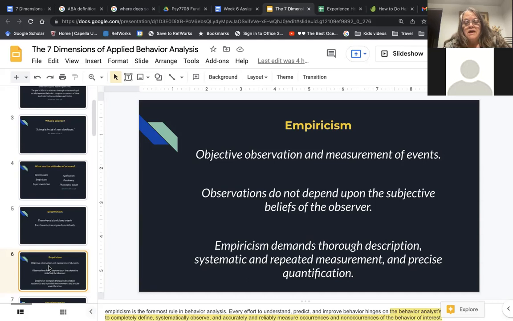Every effort to understand, predict, and improve behavior hinges on the behavior analyst's ability to completely define, systematically observe, and accurately and reliably measure the occurrence and the non-occurrence of the behavior of interest.